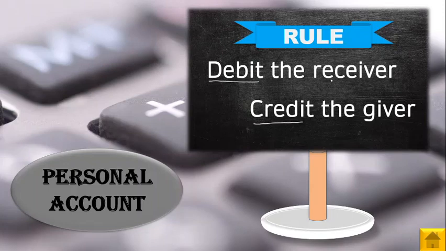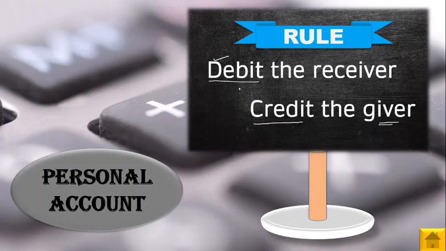So if the person is on the receiving end, he is going to be debited. If a person is the giver, then his account is going to be credited. So I hope now you will understand. Just remember the account we have prepared. Debit the receiver. Whom are you going to debit? The one who is receiving. The one who is giving is to be credited.